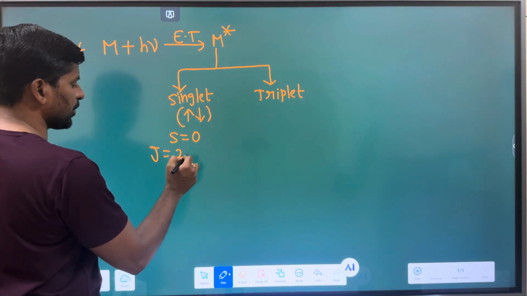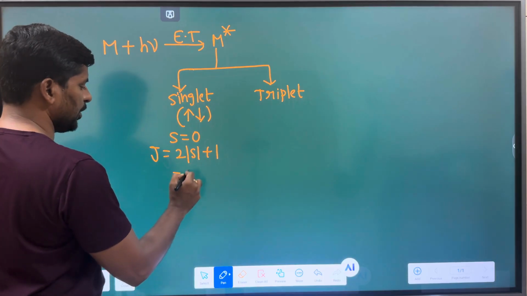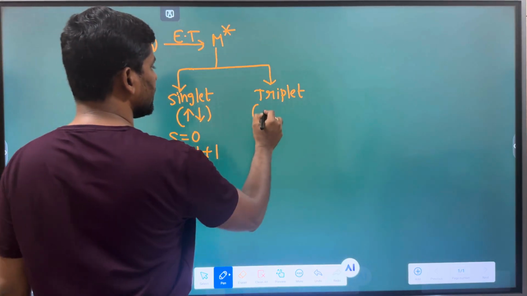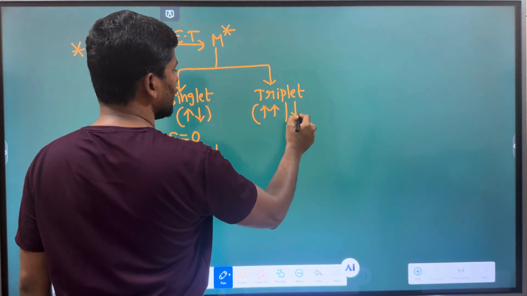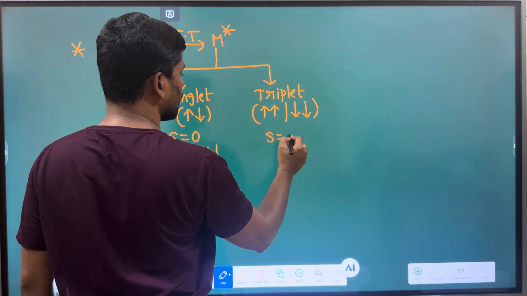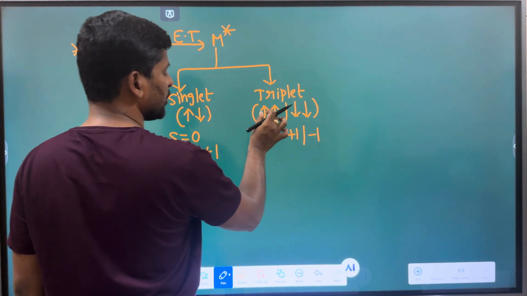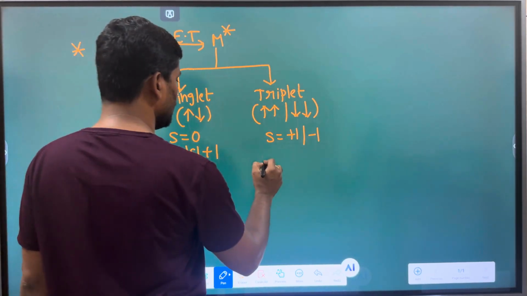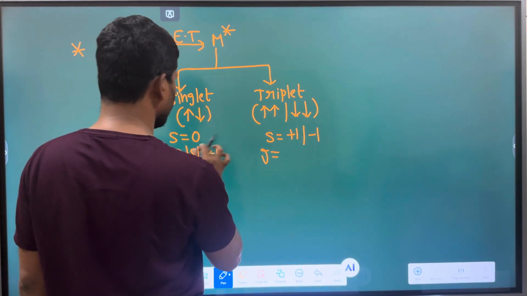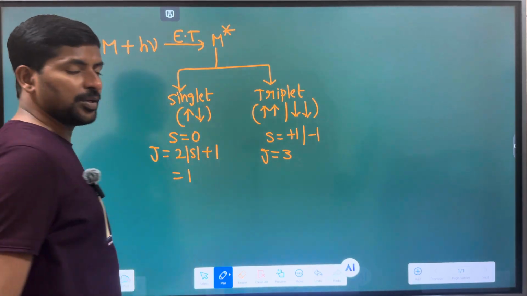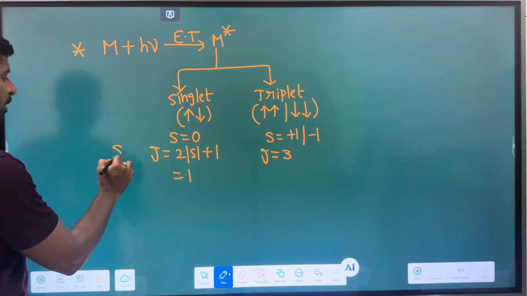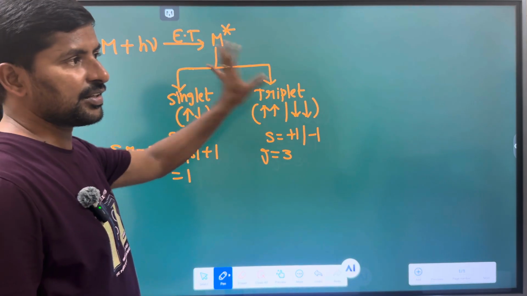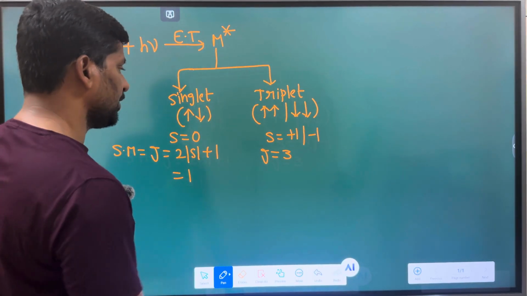Spin multiplicity is given by 2S plus 1, so it is 1; such a state is called a singlet state. Triplet state means parallel orientation, in which case S is either plus 1 or minus 1, total electron spin, so the multiplicity is 2 into 1 plus 1, that is 3. Spin multiplicity 1 is called singlet state, spin multiplicity 3 is called triplet state.